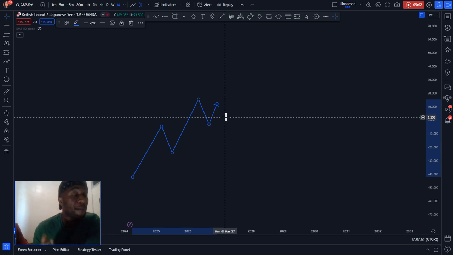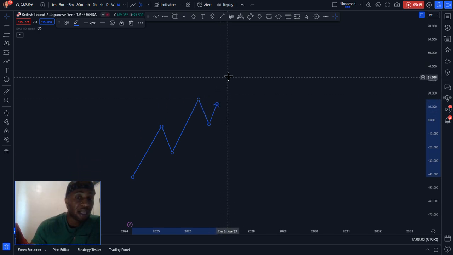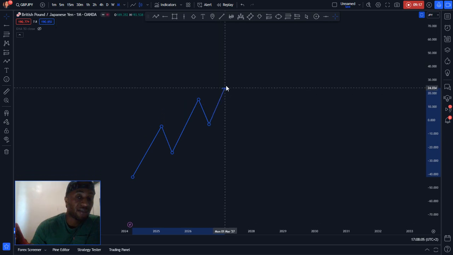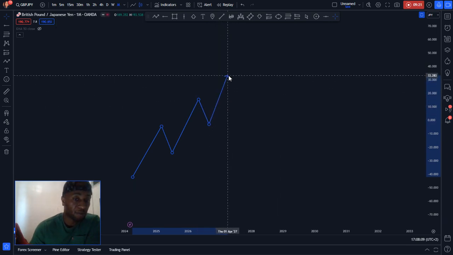Which means the buying power is stronger. Even when we go to the lower time frame, if we can get buying opportunities, we can take that buy and hold for a very long time, because you know that the weekly time frame is still in an impulsive phase and is still gonna push this market to the upside.